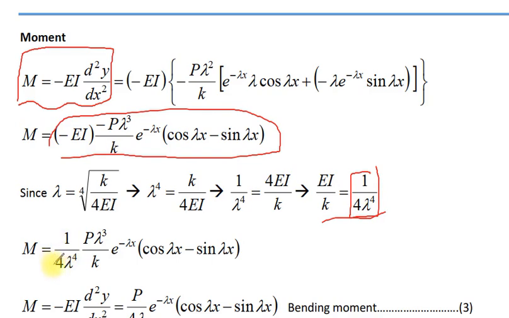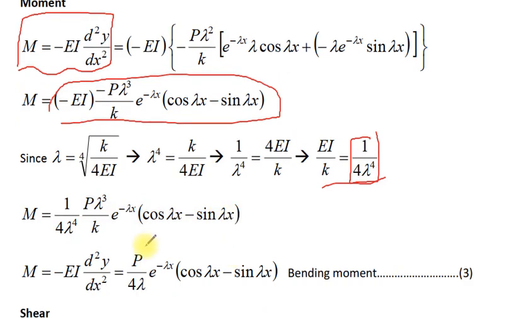We get 1 over 4 lambda to the power 4 multiplied by P lambda cubed over k e to the minus lambda x cosine lambda x minus sine lambda x.